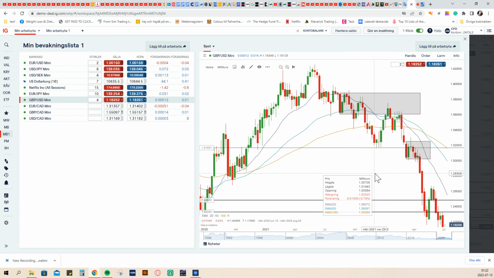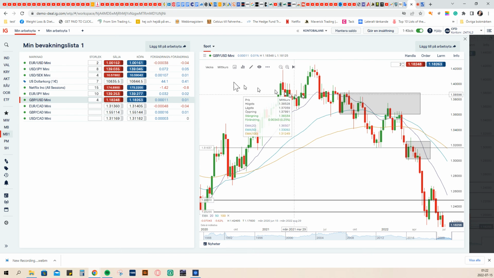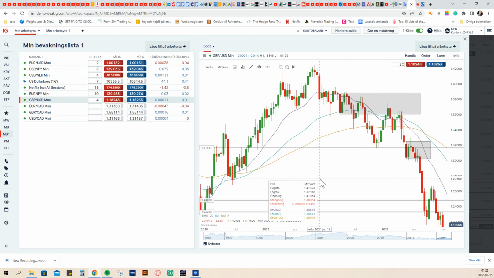Okay, I will continue. I will actually show another video where I will show a trend reversal in the other direction, where I will buy the sterling pound, because I think the US dollar is too strong now. It must weaken a little bit. This trend is still intact.